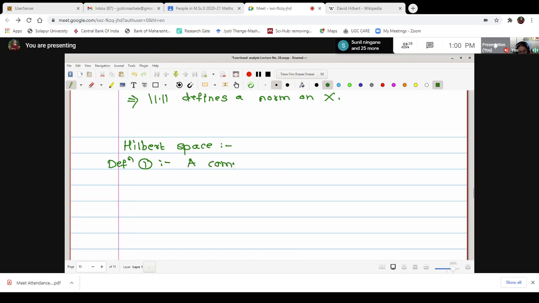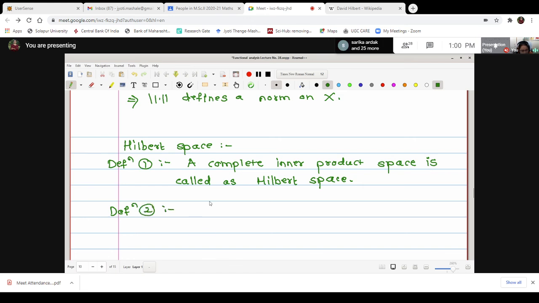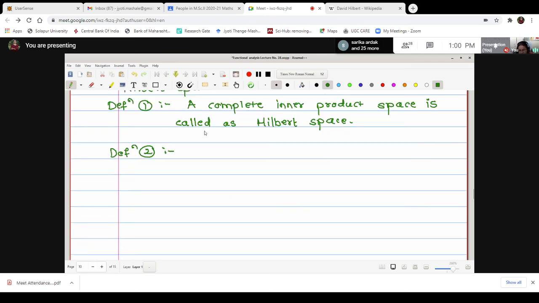A complete inner product space is called a Hilbert space. Now we are going to study an alternative definition. Let us see what the definition is.